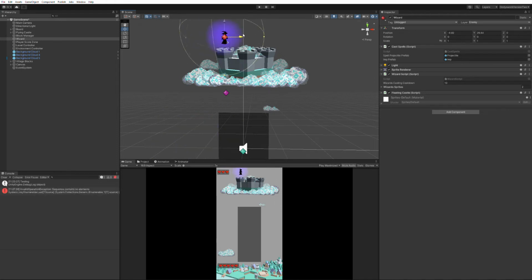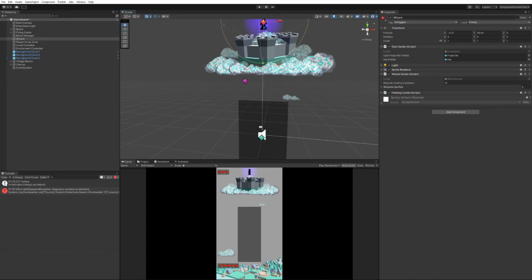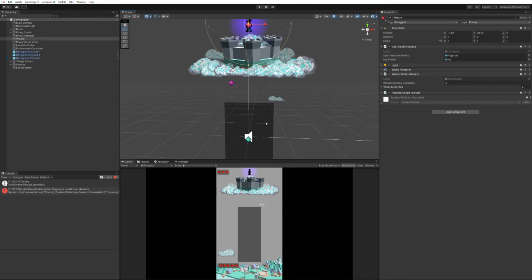Another way to change this simple implementation would be just to keep the wizard where he is, at the top of the castle. We could also change the block when it is spawned. So once the block is spawned, we could add some invulnerability, like 1.5 seconds, I believe, seems to be enough, but you gotta test it.